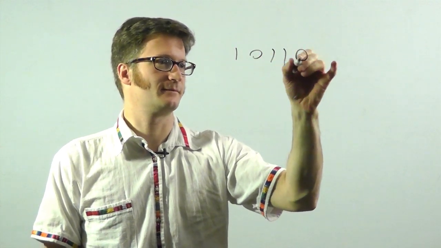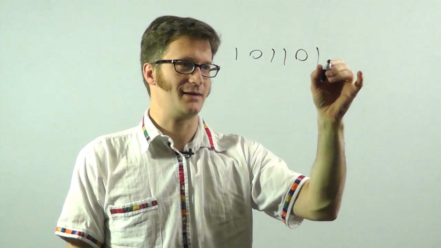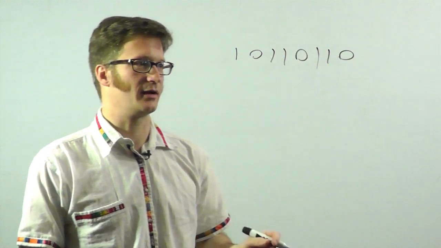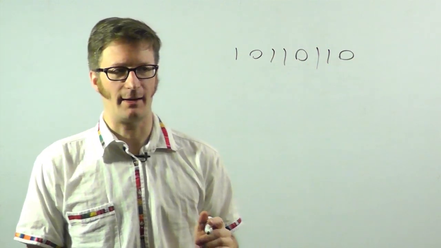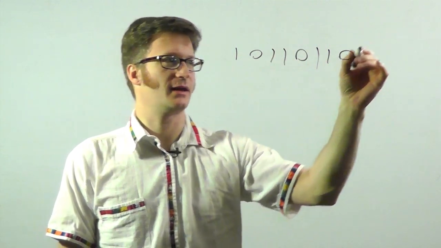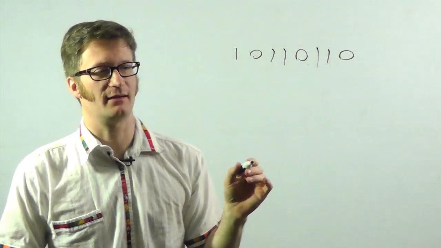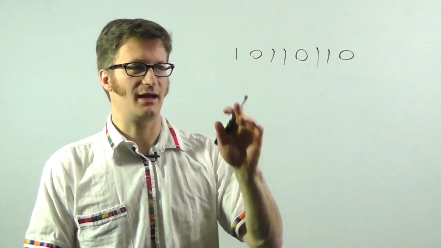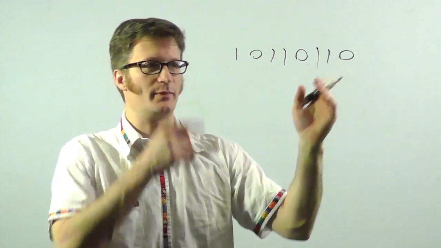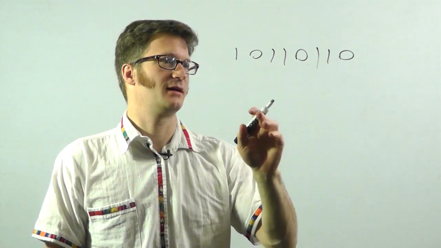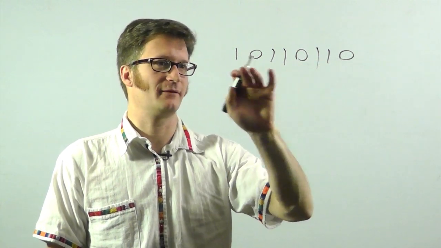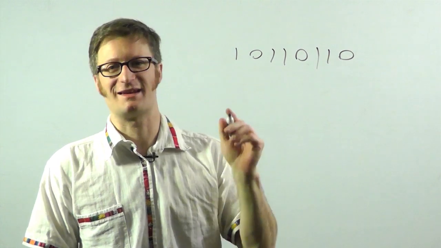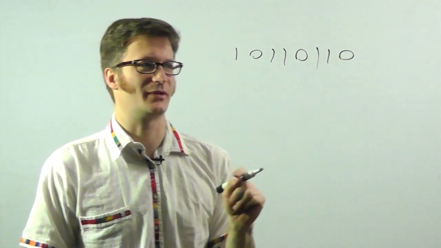There's even and odd. Let's make an 8-bit number here. Even parity says that the number of high bits in a group of bits must be even.